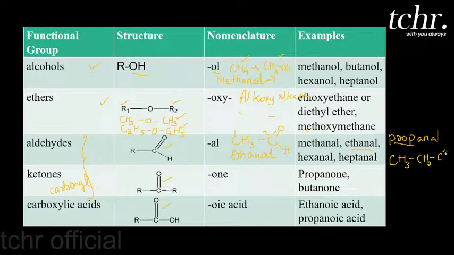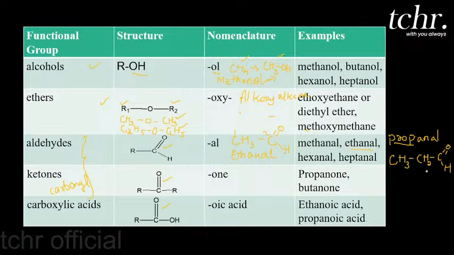So C double bond O H. So this will be the structure of propanal. Totally 3 carbon atoms. And the same way, when you understood how to name ethanal, propanal, you can write the structure of butanal with 4 carbon atoms, hexanal, heptanal, anything that is given. Just add the suffix al. And how to identify? The general formula has C double bond O H.